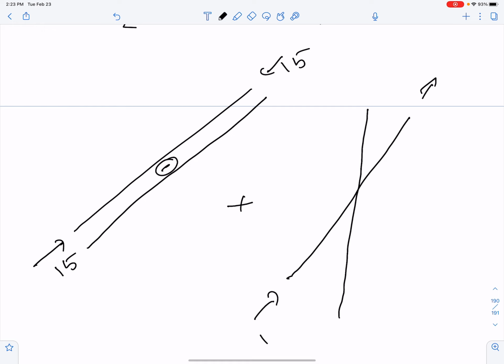Yeah, this is 15. This is 15. Okay? Compression here negative. Tension here positive.